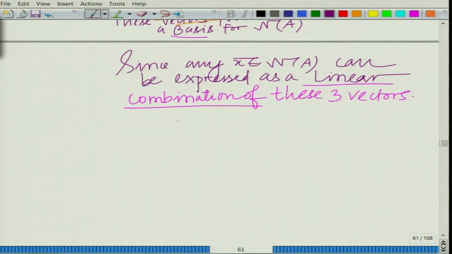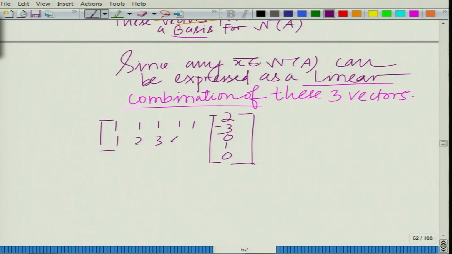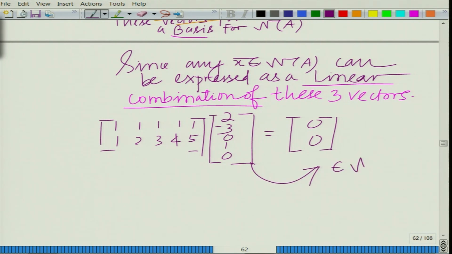For instance, consider the vector (2, minus 3, 0, 1, 0) and multiply it by our matrix 1 1 1 1 1, 1 2 3 4 5. You get 2 minus 3 minus 1 plus 1, which is 0, and 2 minus 6 plus 4, which is also 0. So this indeed belongs to the null space of A, and similarly you can check the other vectors. This is an exercise for you.